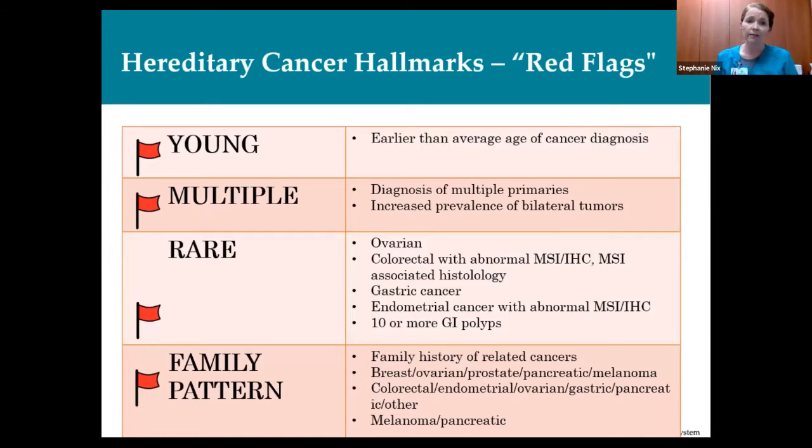There are some red flags that we think about with family history and occurrence of breast cancer. So you all have probably heard this. The younger the age of diagnosis, the more concerned we are that cancer is due to an inherited genetic variation, some type of a genetic syndrome. In breast cancer, I think mostly about age under 45. That's my biggest red flag, under 45.